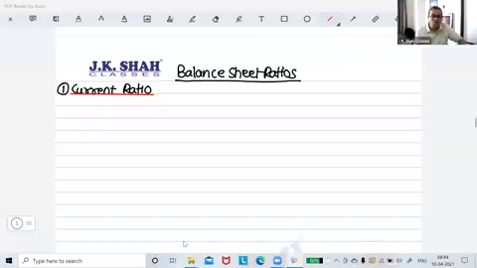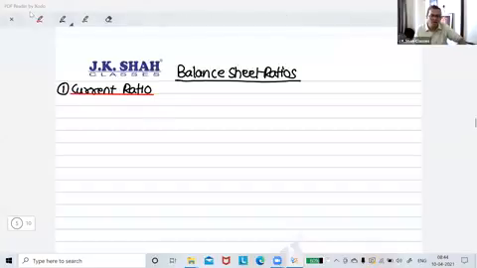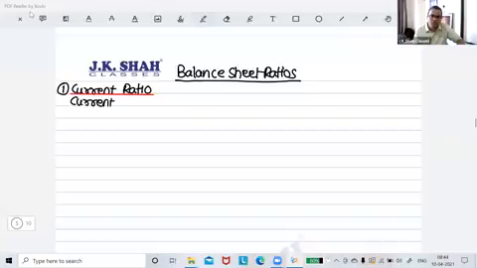So what formula will we write for this? See, I told you a simple and an important ratio. This is current assets upon what? Current liability. Okay, this is current assets upon current liability.